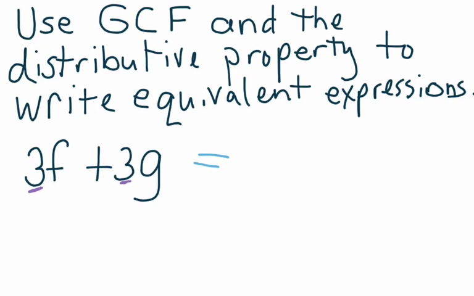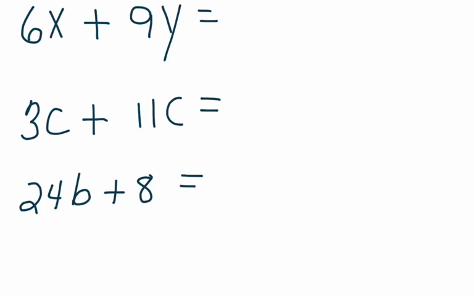So that is the number that we are going to pull on the outside. And in parentheses, we're going to put what's left. F plus G. Okay, so 3F plus 3G is equal to or equivalent to 3 times F plus G. I'm going to show you another example, okay?